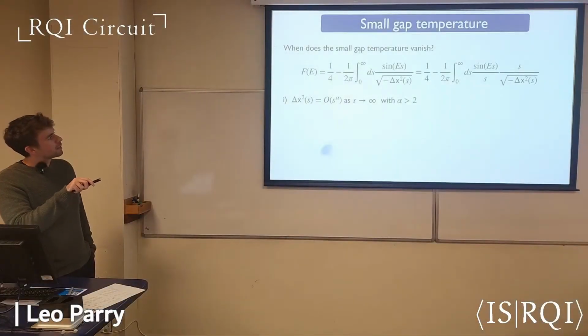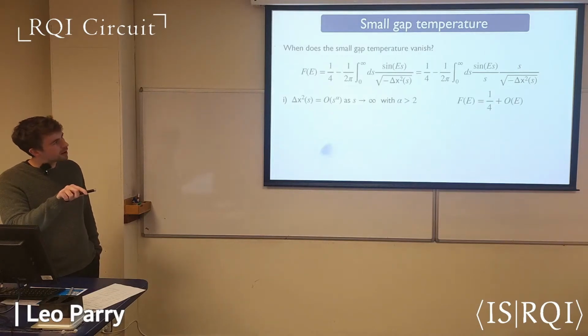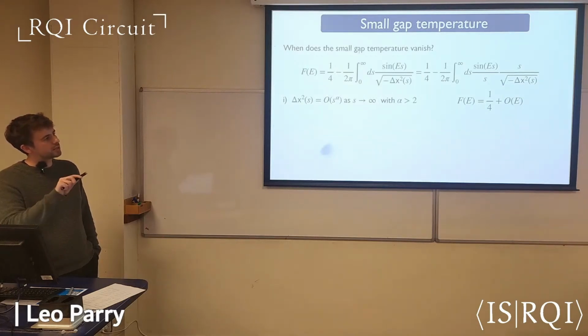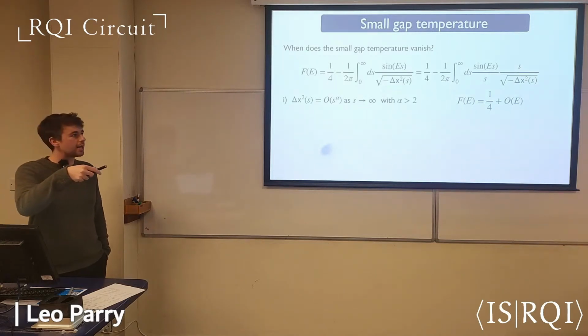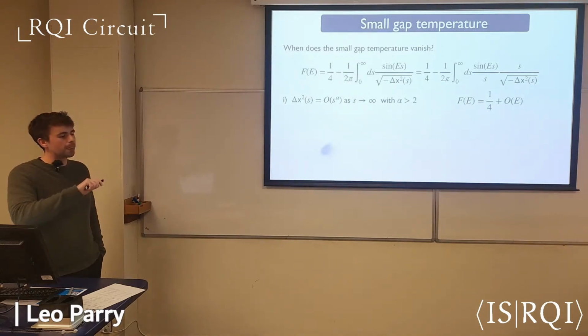So say, for example, if delta x squared is of order s to the alpha as s goes to infinity, where alpha is greater than 2, then this part is of order e by the dominated convergence theorem, and we have something like a quarter plus a term of order e. And this gives a temperature which has a 0th order contribution, so it's a constant as e goes to 0.